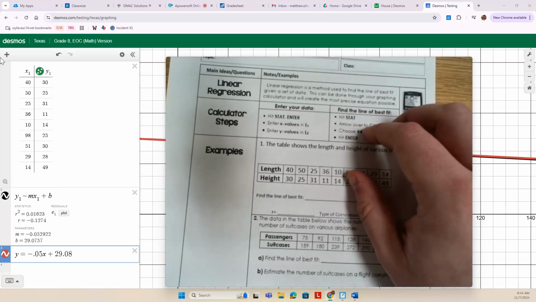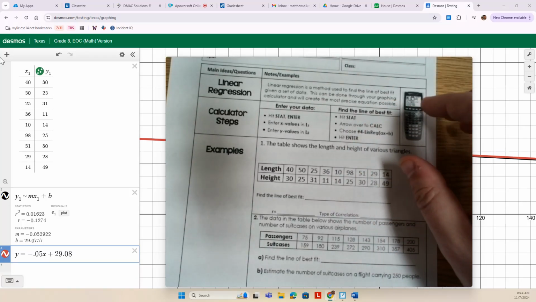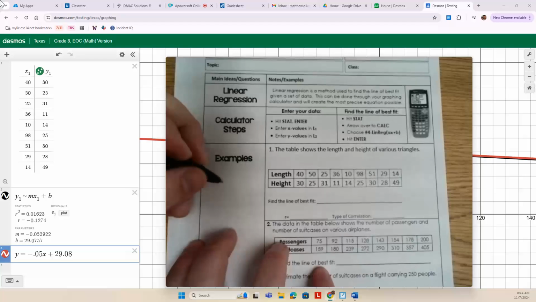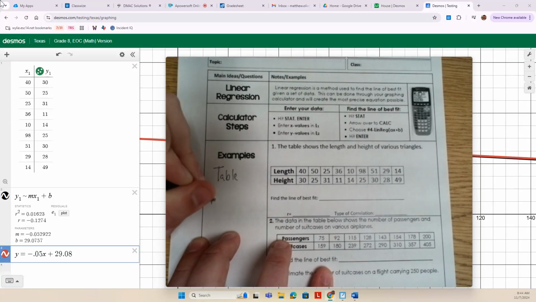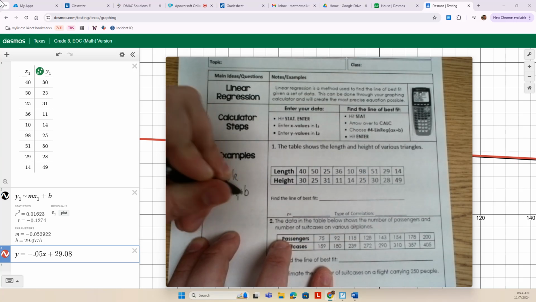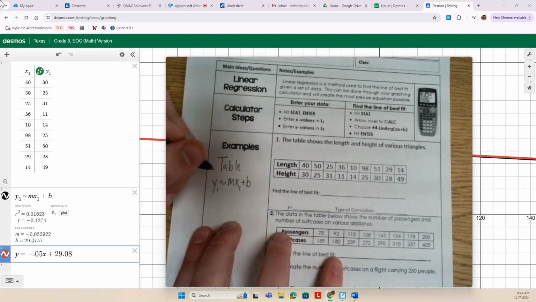I know it's weird using the decimals and everything, but let's put the Desmos steps: y1 tilde mx1 plus b is what we put in Desmos.